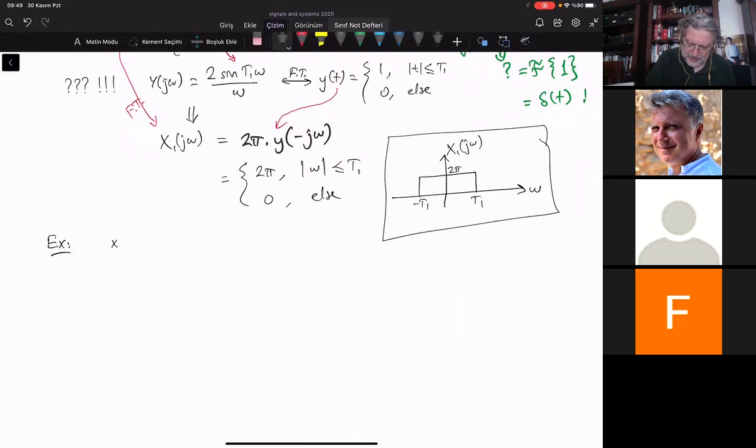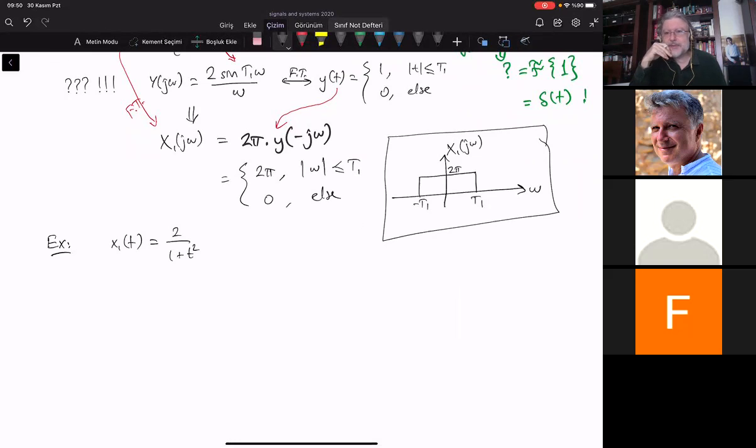The signal I want you to take the Fourier transform of is this: 2 over 1 plus t squared. What is the Fourier transform of this? When you look at it, you may want to try the formula, put it inside the integral, and try to solve it.